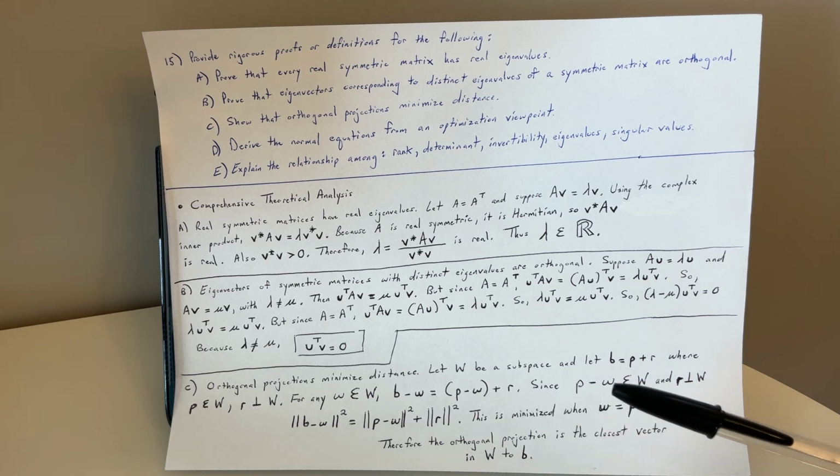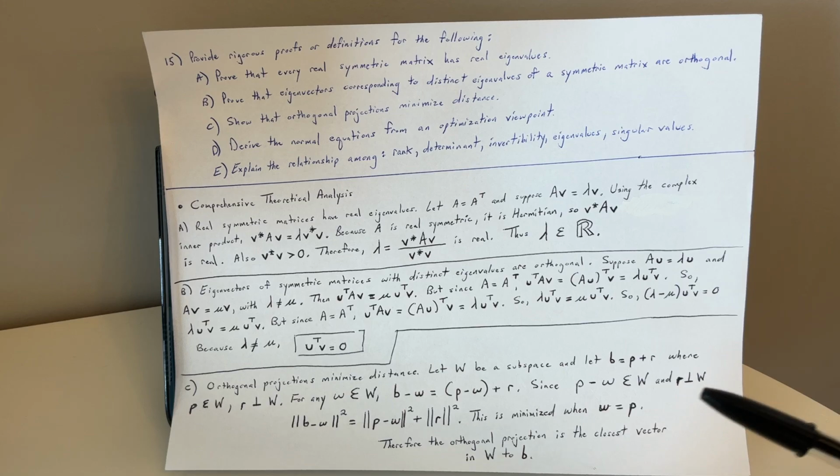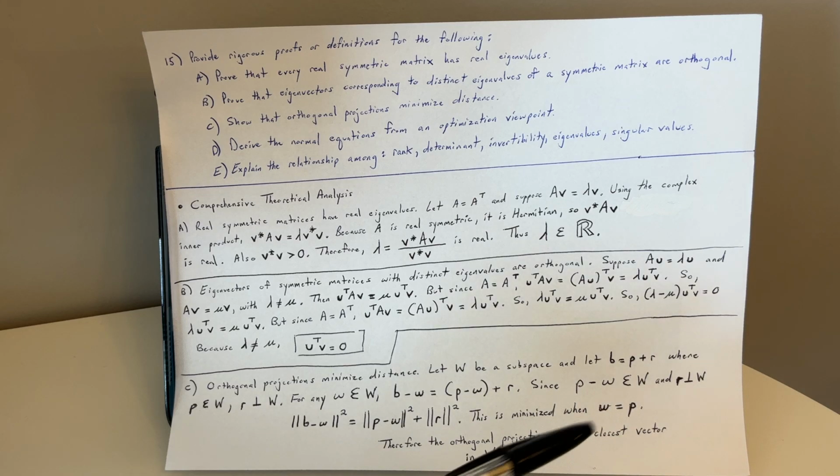Since p minus w is in W and r is perpendicular to W, the norm squared of b minus w equals the norm of p minus w squared plus the norm of r squared. This is minimized when w equals p. Therefore, the orthogonal projection is the closest vector in W to b.